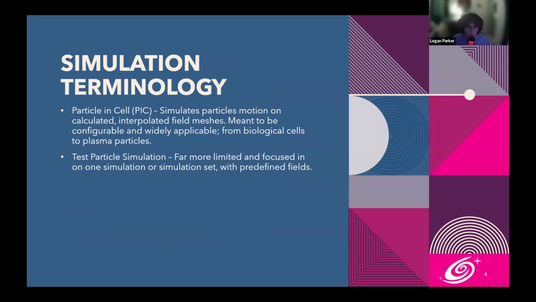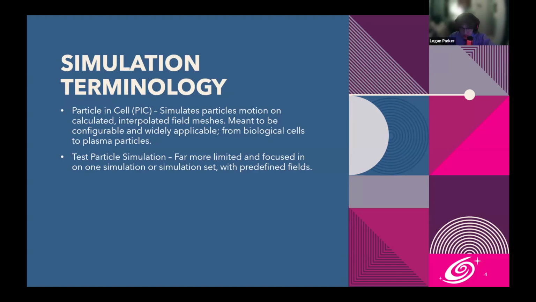Let me go over some simulation terminology. Particle-in-cell simulations are large, complicated, widespread simulations that simulate particle motions on calculated, interpolated field meshes that have been fed in by the user. They're meant to be configurable and widely applicable, from biological cells to plasma particles. Test particle simulations are more condensed, much simpler.